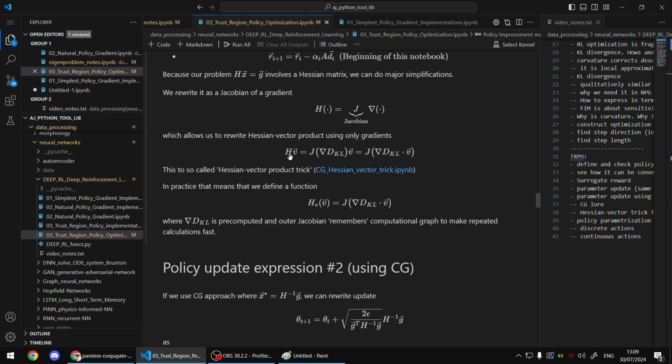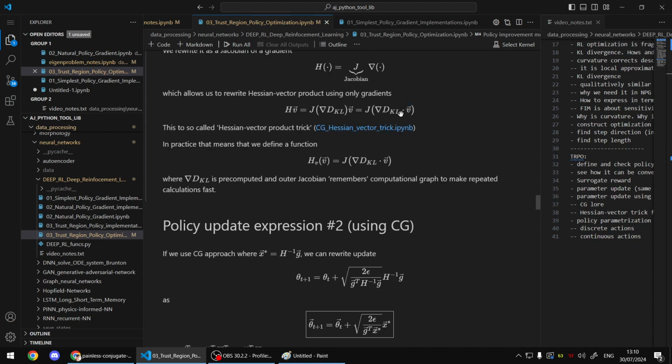If we actually want to calculate H times some vector v, using this decomposition, which is not a decomposition, but still we can write it as a Jacobian of this stuff times v, but then v is constant with respect to differentiation, and we can bring it inside the Jacobian. What we get inside the Jacobian is just the dot product between two vectors, which is a scalar. And then we take the Jacobian of a scalar, which is a transposed gradient.